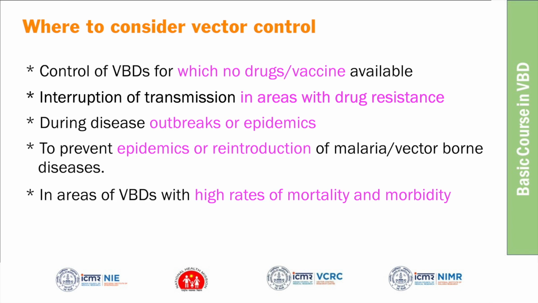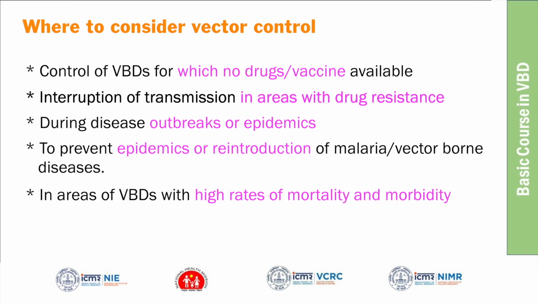Vector control allows interruption of transmission in areas with drug resistance, where drug-resistant malaria is there. Particularly, you can use this during a disease outbreak or epidemic. During outbreaks or epidemics, vector control is very, very important.